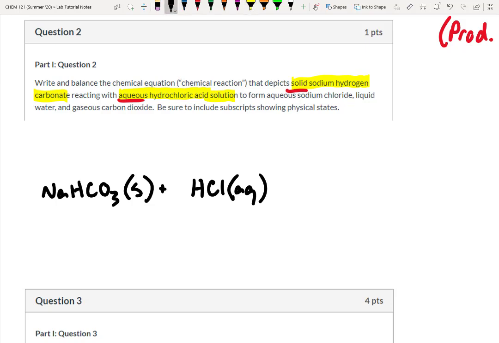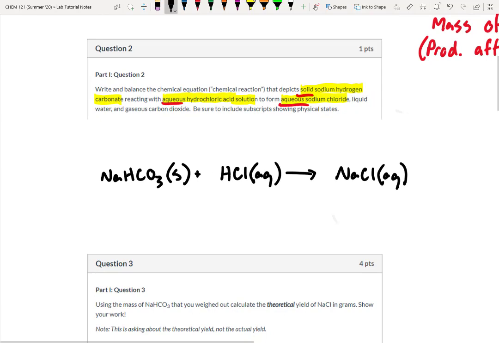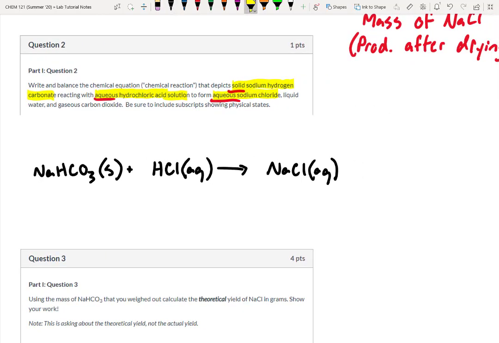Okay, and what we're going to do is react this, and then it says we're going to form aqueous sodium chloride, right? So sodium chloride is NaCl, but again, it says aqueous, so I'm going to write aq after here. Sorry, let me keep the colors the same. And then it says that we're also going to form liquid water.